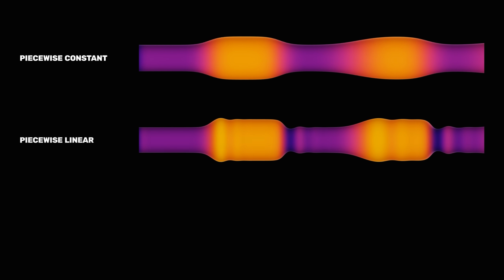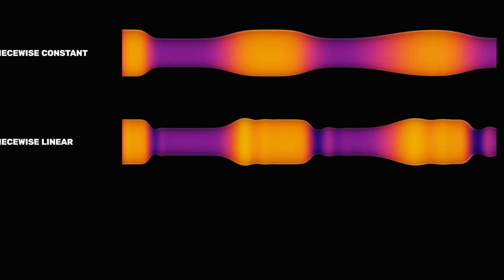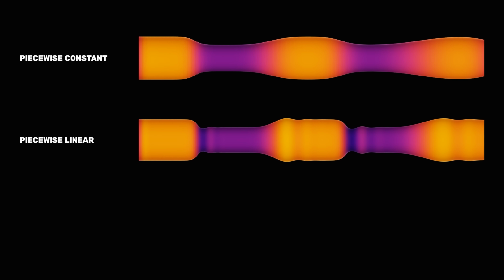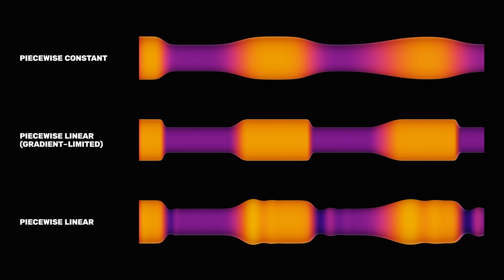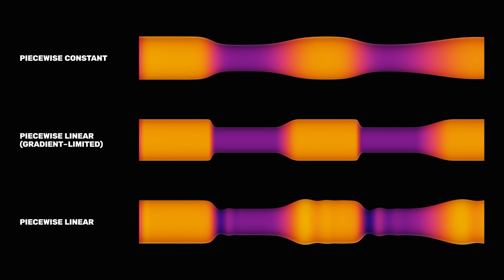Using a linear piecewise reconstruction gives a more mathematically accurate solution, but introduces spurious oscillations. Applying a gradient limiter to the slopes of each segment produces a generally accurate reconstruction with only extreme gradients being attenuated. This results in a solution that doesn't have spurious oscillations and is visually more correct.